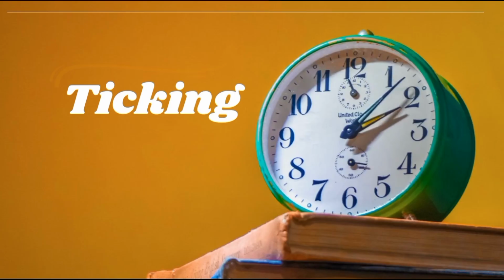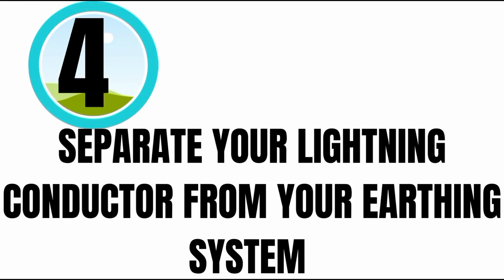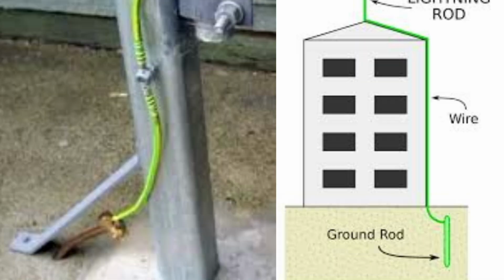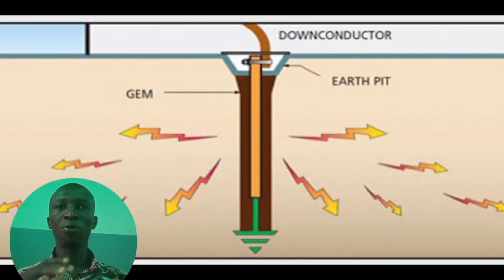One thing I want to point out is your lightning conductor. Your lightning conductor should be separate from your earthing system. Some technicians make that mistake of joining them. Even the pits where you dig your lightning conductor and that of your earthing system should be far apart.